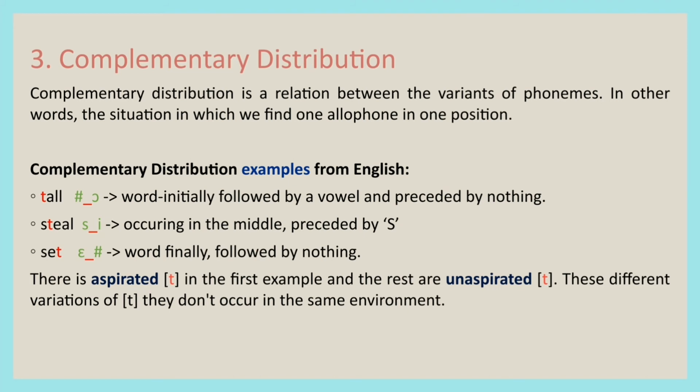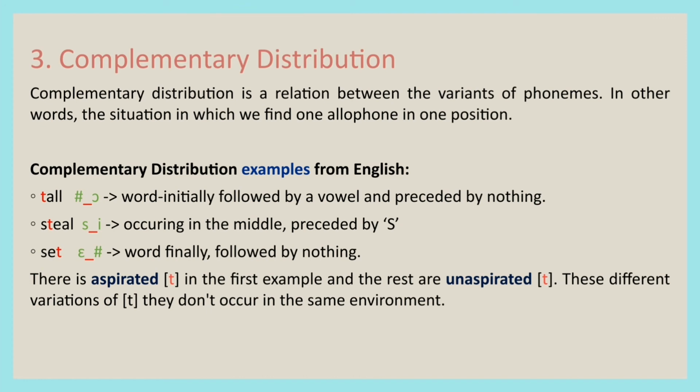Some examples of complementary distribution from English: we can take a look at the phoneme t, as in the word tall. It is word initially followed by a vowel and preceded by nothing. Next, as in the word still, it is occurring in the middle, preceded by s.